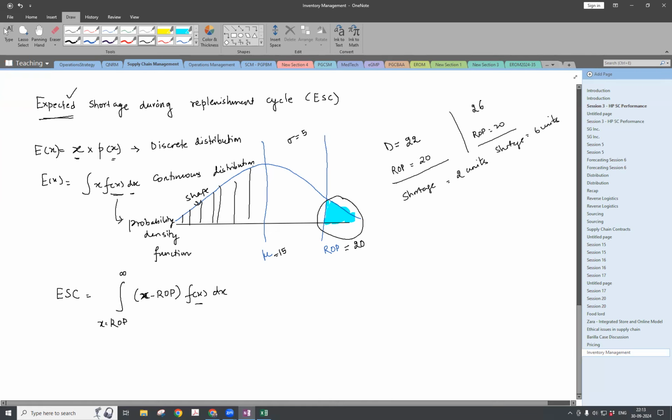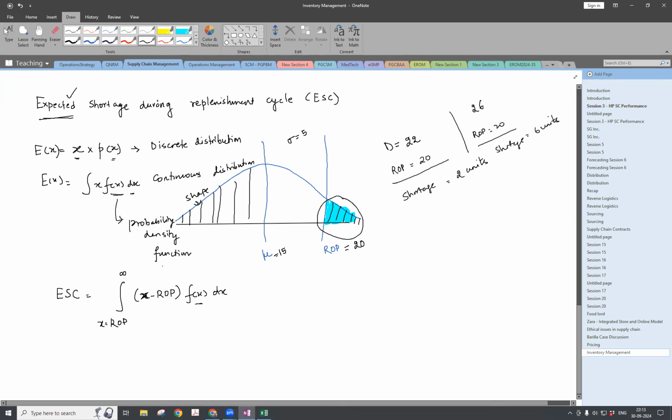The height, if you recollect, is nothing but the frequency distribution or the probability. So corresponding to each of these particular values to the right, what is the probability? And that probability is getting multiplied over here, which gives us, think of it almost like a weighted average, which is what is represented as ESC.